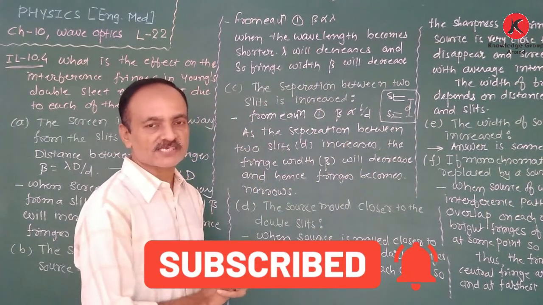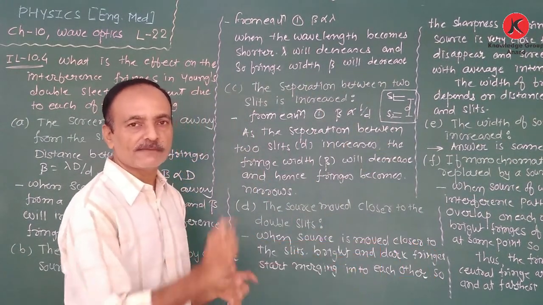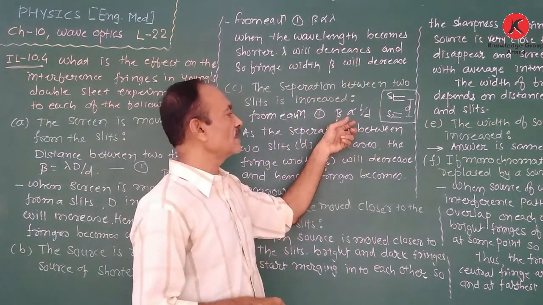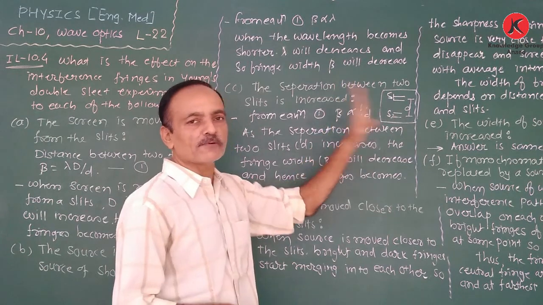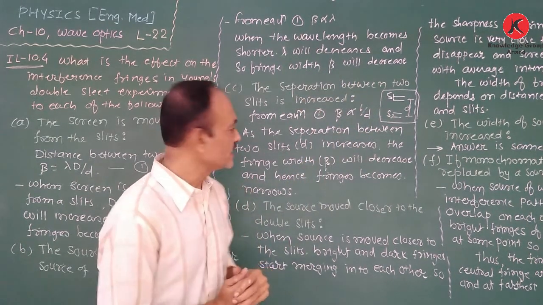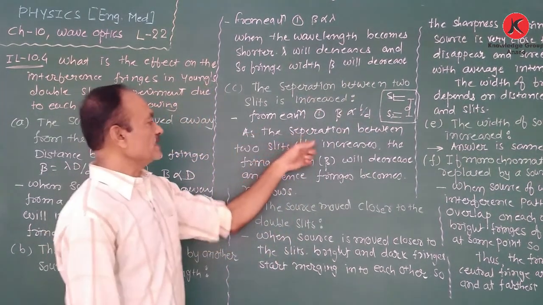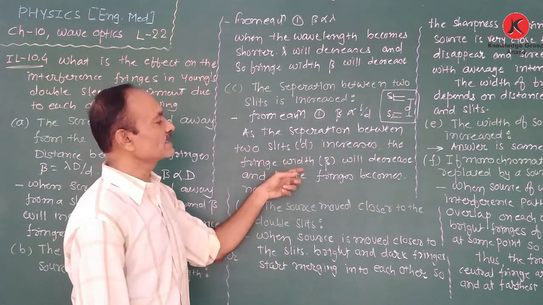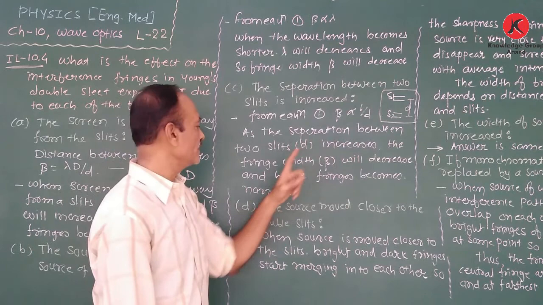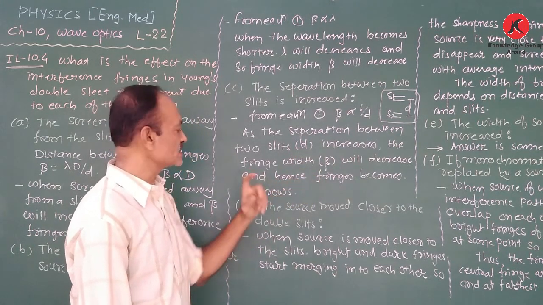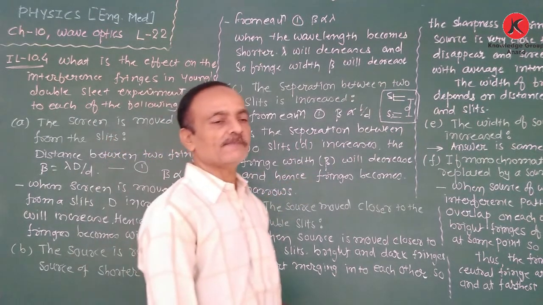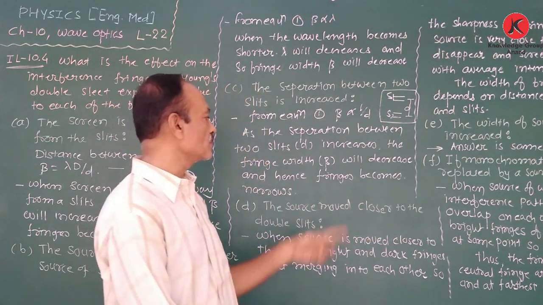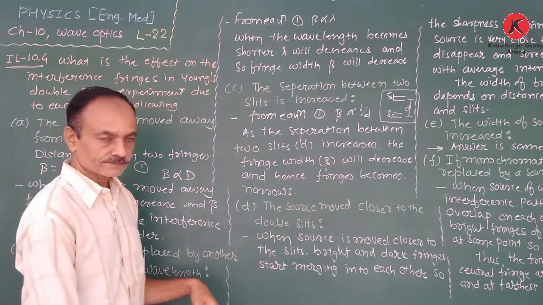Again, according to equation 1, beta is equal to lambda D upon d. The separation of the fringes is inversely proportional to d. Here the separation between the two slits, small d, increases, so the fringe width beta will decrease, and hence the fringes become narrow. Therefore, in the interference pattern, the fringes are very close to each other.